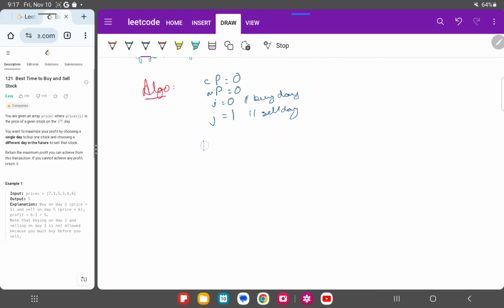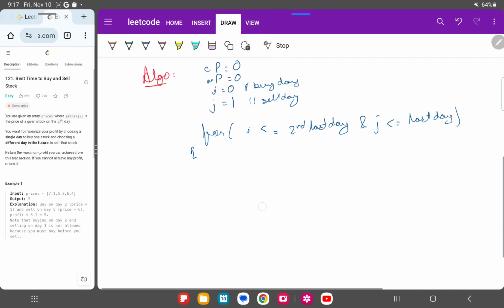So we do a for loop. i is less than or equal to the second last day, because we still need one day after we buy to sell, right? And j would iterate till the last day. It will be between i and the last day.